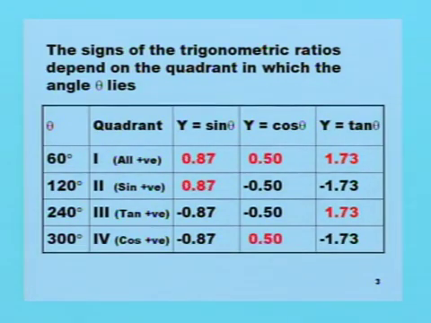Cosine 300 degrees is 0.50. And tangent of 300 degrees is minus 1.73. And notice in the third column and the fourth column, all the values with corresponding angles are the same.